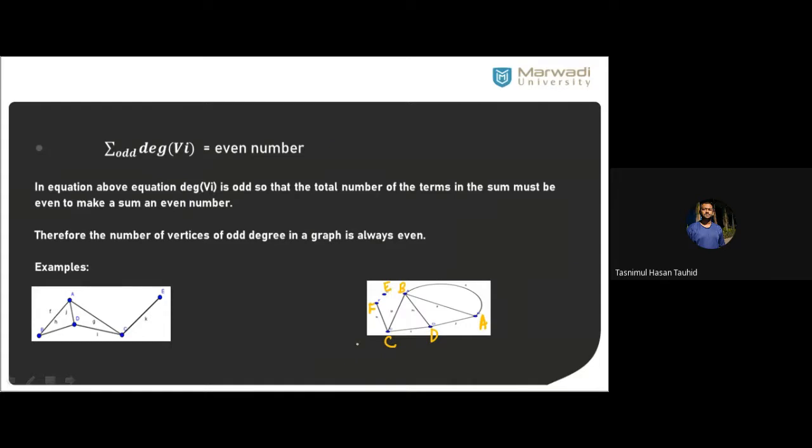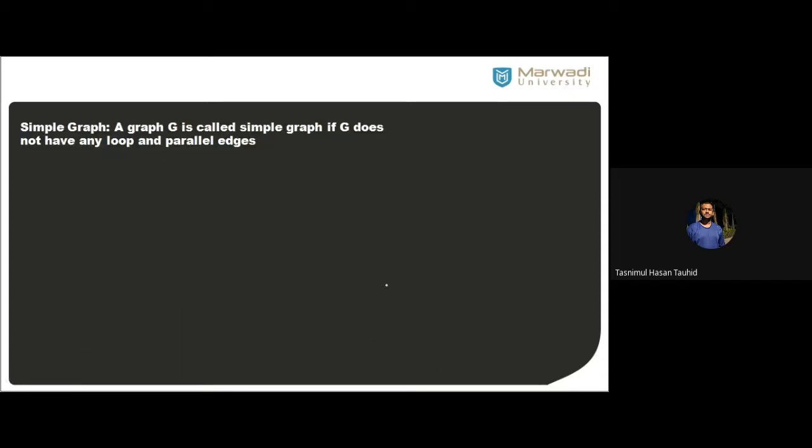If you observe, F has degree 1, C has degree 3, D has degree 3, A has degree 3, B has degree 4, and E has degree 0. So a total of 4 vertices have odd degree. Again, 4 is an even number, so the second theorem of graph theory has been satisfied. It's a very easy theorem. Let's move on to the next question.